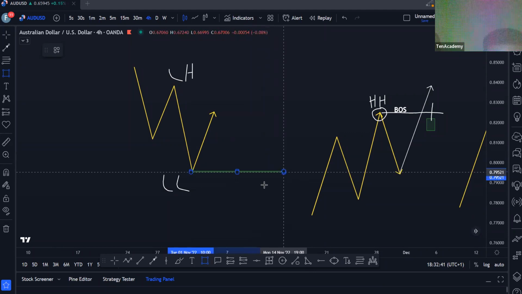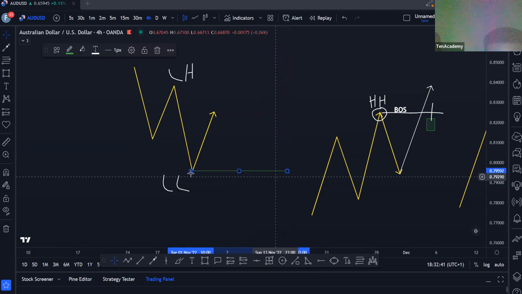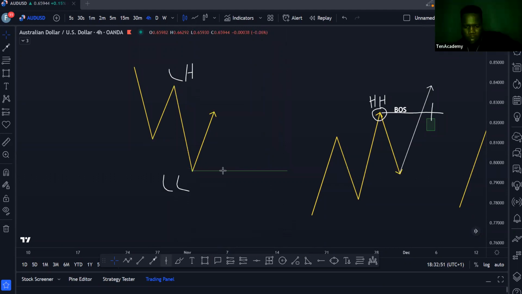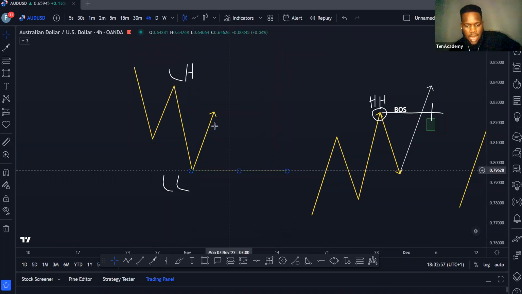For price to create a new lower low, this structure here has to be broken. And that break of structure is characterized by the body of the bearish candle breaking this zone and closing below this zone. So this is what I'm talking about.